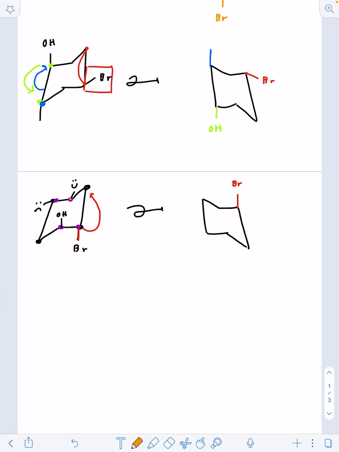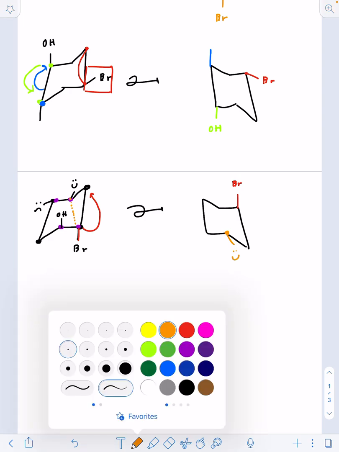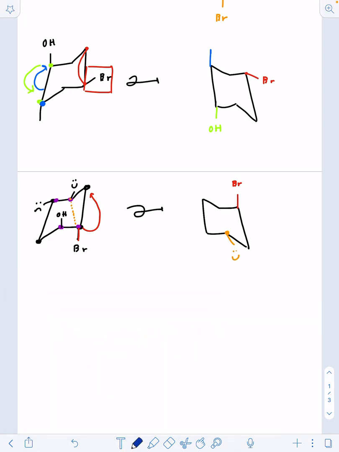This smiley face is going to go to the bottom right of the chair. Instead of being up equatorial, it's going to be down equatorial. Similarly, this frowny face is on the left corner, so now it's going to be on the left corner of the chair structure here. Started as down equatorial, so now it's going to be up equatorial.